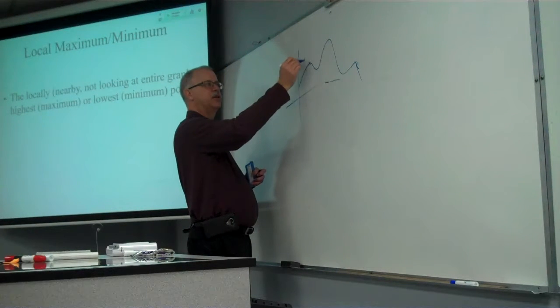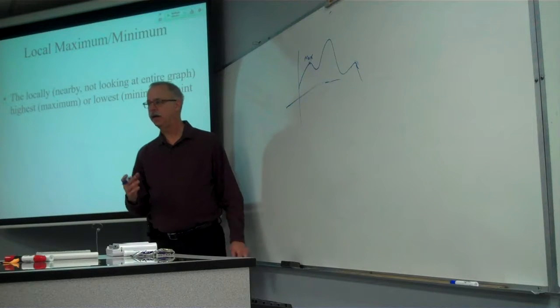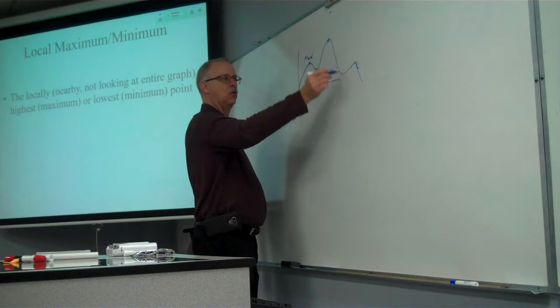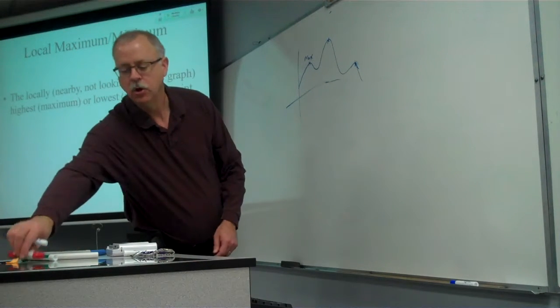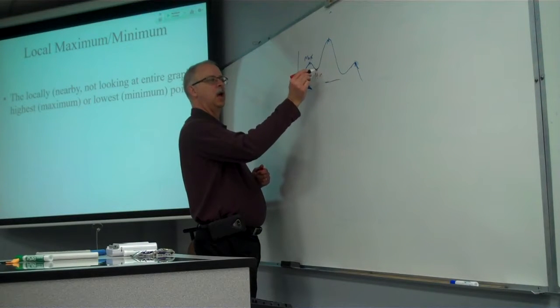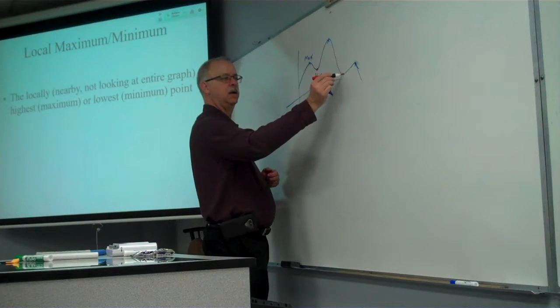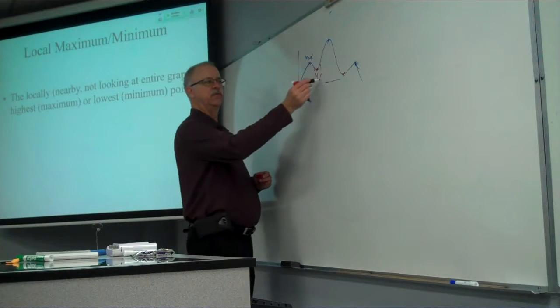We have some local maxes. Notice it's not the highest peak, but it's the highest thing nearby. We've got another local max, and we have some local minimums. Not the lowest valley, but the lowest thing nearby. So we can find some minimums.